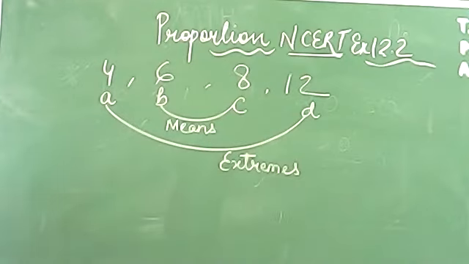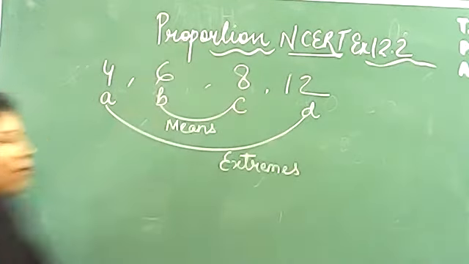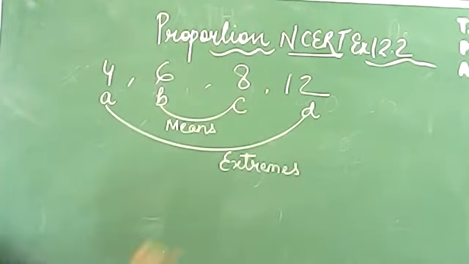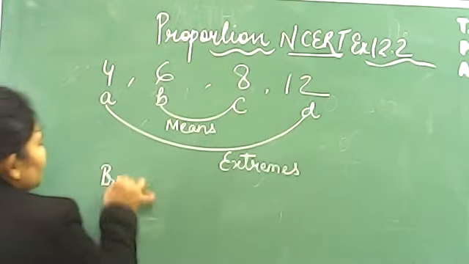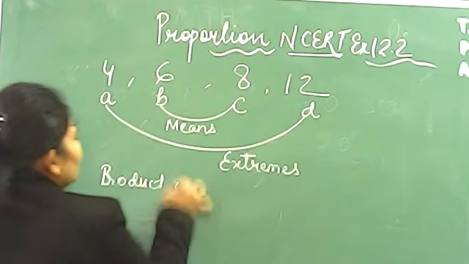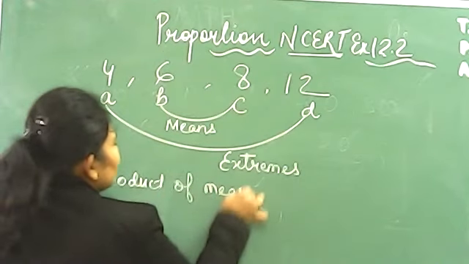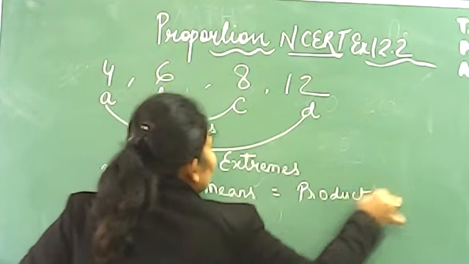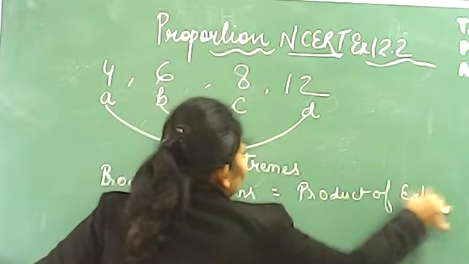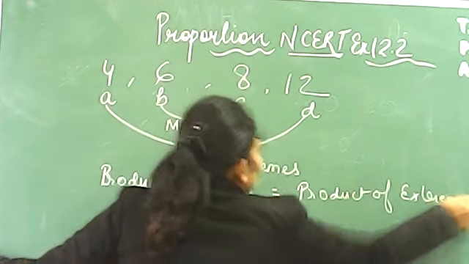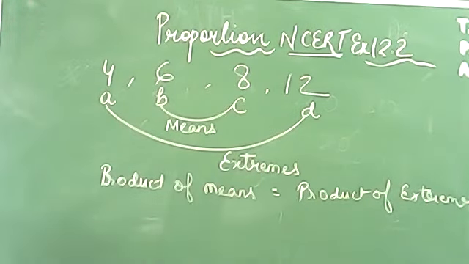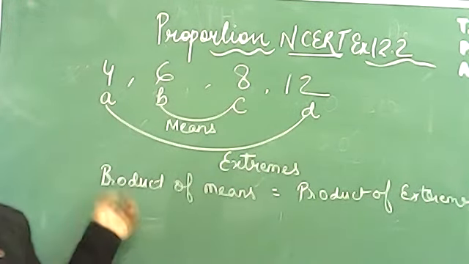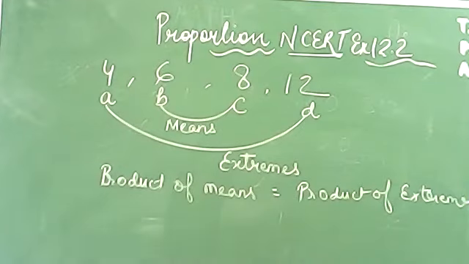Extreme. अगर आपको क्वेश्चन में ये आया कि आपको चेक करना है that they are in proportion or not, so remember, if they are in proportion, product of means and product of extremes will always be equal.